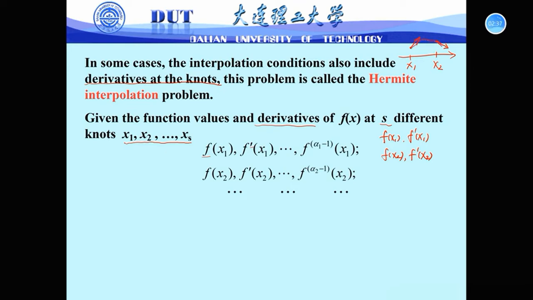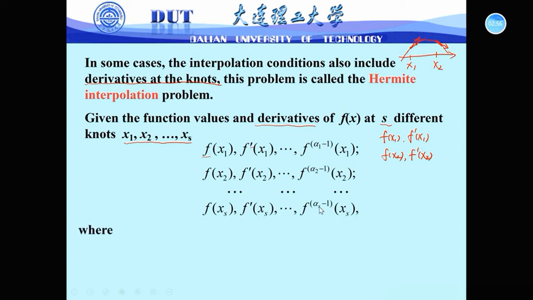Also for xs, we have the function value and first order derivative up to the alpha s minus 1 order derivative at xs. This is the general case, right?